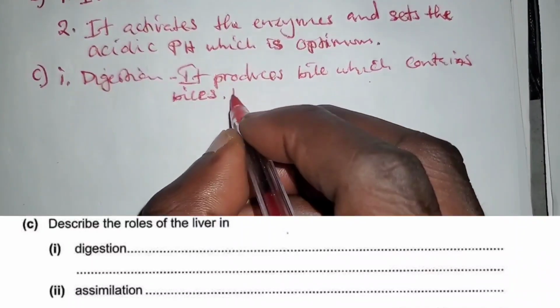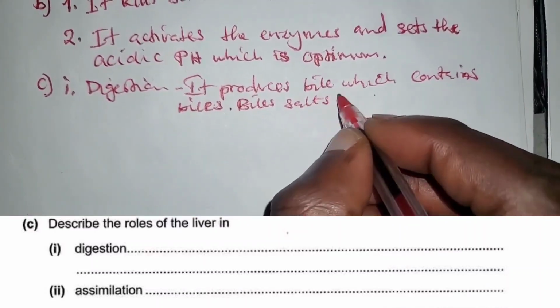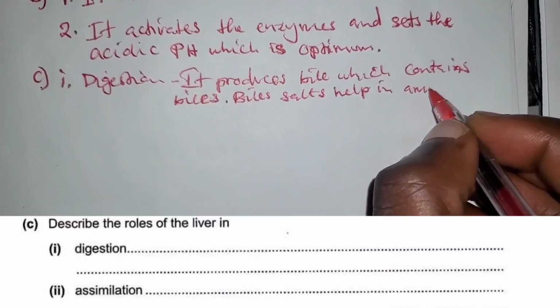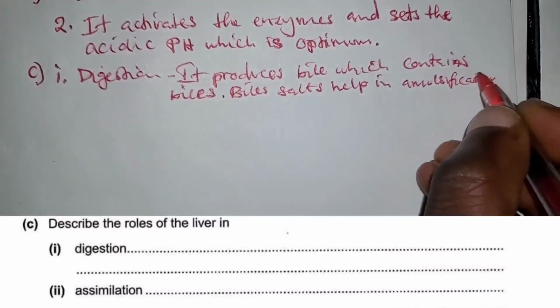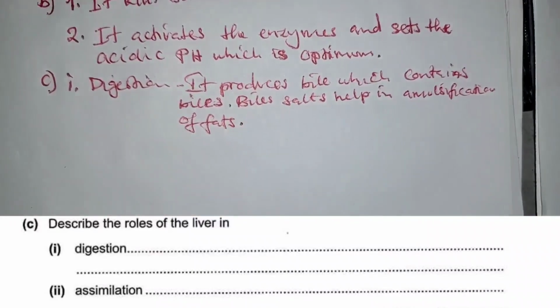And you can say bile salts help in emulsification of fats.